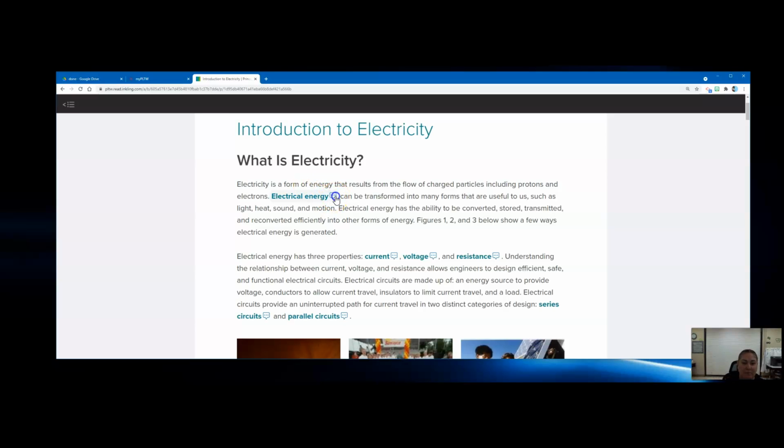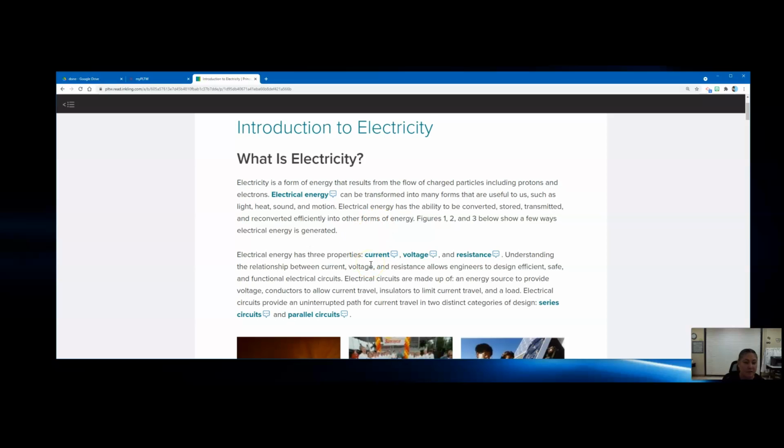If you click on the bold ones, you'll get a definition that you could put in your notes. Electrical energy is energy caused by the movement of charged particles. So we can transform them into many forms that are useful to us, like light, heat, sound, motion. Electrical energy has the ability to be converted, stored, transmitted, and reconverted efficiently into other forms of energy.